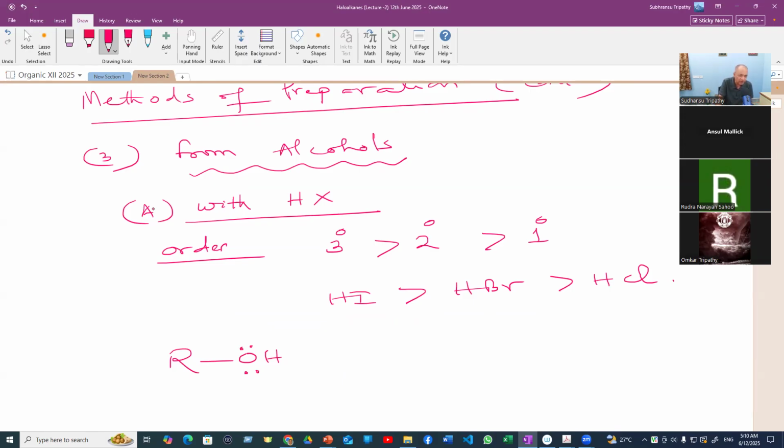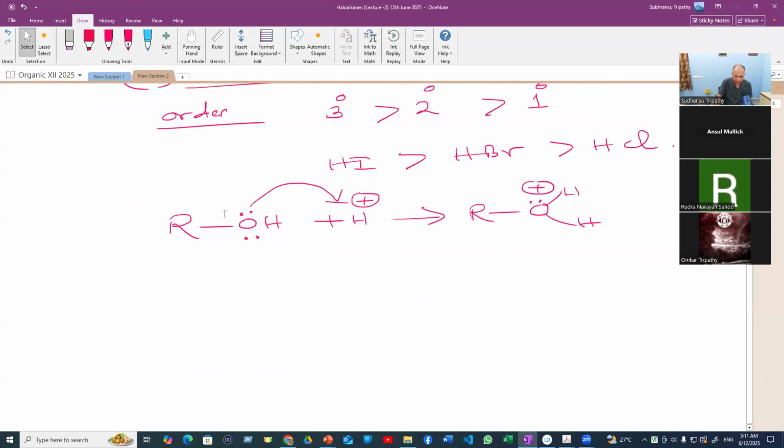It is a very strong base, but we have H plus ion, so it will be protonated first. Then either it can go for SN1 or SN2. We shall study in detail with the halide ion. In one step, if it goes, then it is SN2.